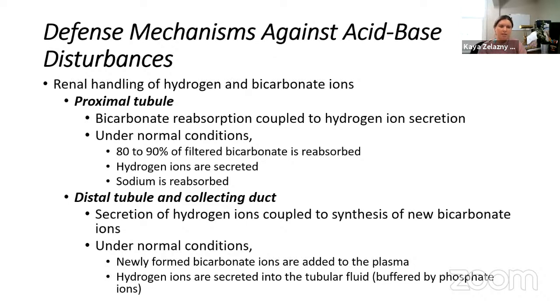Hydrogen ions are getting secreted into the tubular fluid at these locations as well, but they're actually kind of buffered out at this point. We don't want our urine to be too acidic either, right? That would be a little painful. So we buffer out hydrogen ions using phosphate ions in urine to maintain urine that is not acidic to the point that it's a problem.